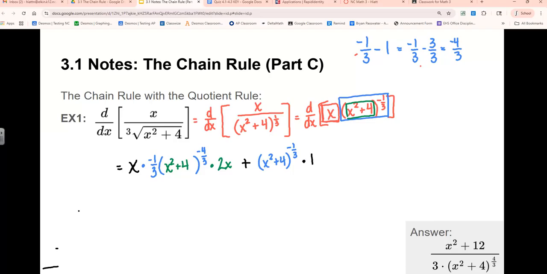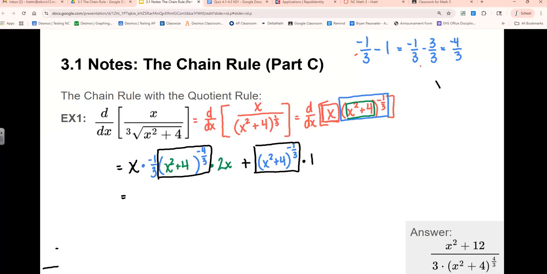So we should be zeroing in on this and this being the same. So we want to simplify the other things around it and leave those alone for now. So I've got an x, a negative 1/3, and a 2x.